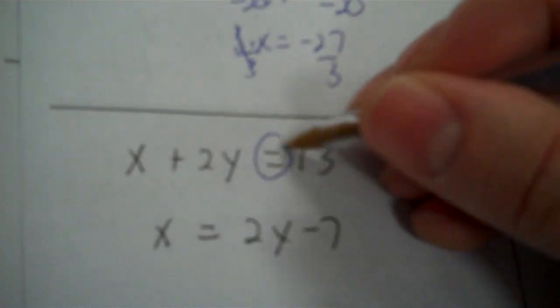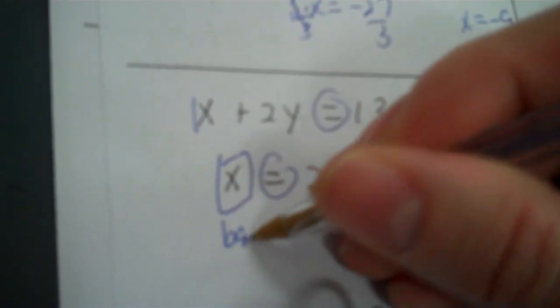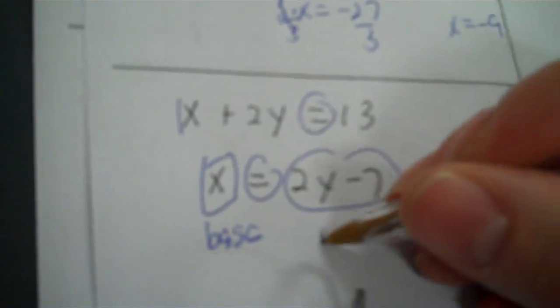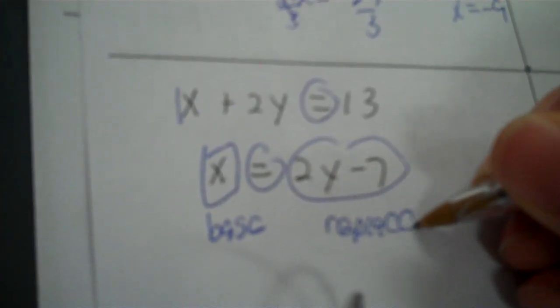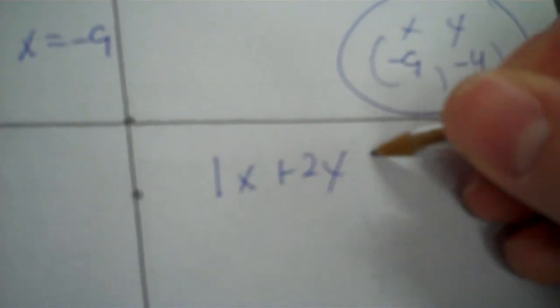Okay, final problem. x plus 2y equals 13. Nothing by itself there. We have a variable by itself right there. We go back to the substitution method. So you write your other equation, the 1x plus 2y equals 13.